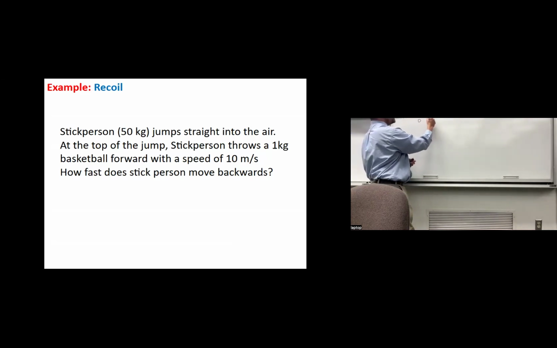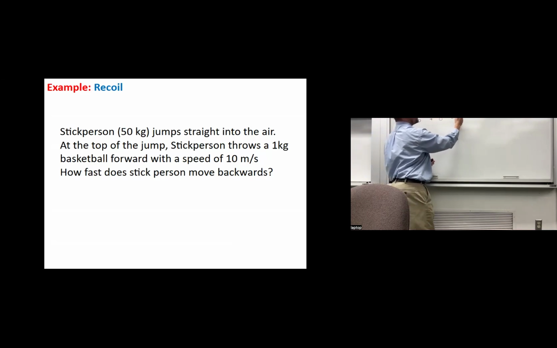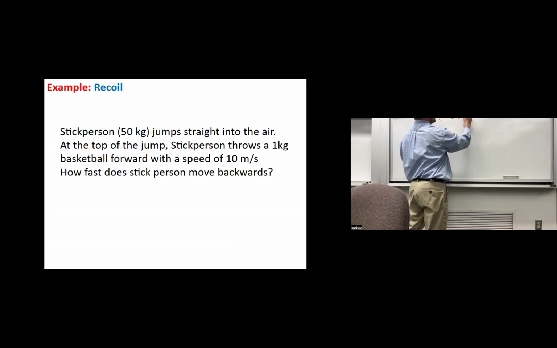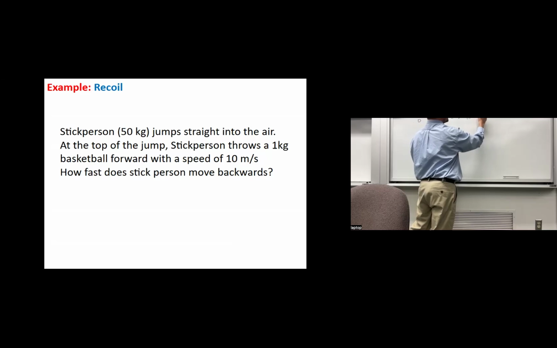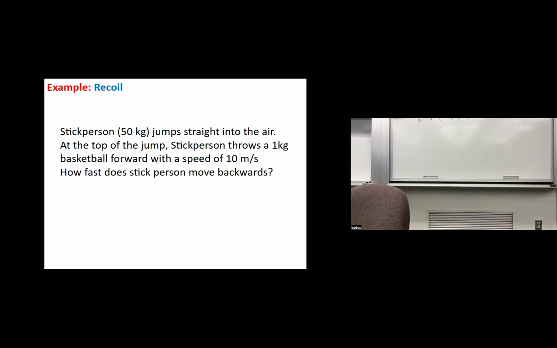So we have 0 plus 0 equals 50 times velocity of the person after, plus 1 times 10. So 0 equals 50 times velocity of the person after plus 10. Subtract this over, divide by 50. You get negative 10 over 50, which is negative 0.2 meters per second.